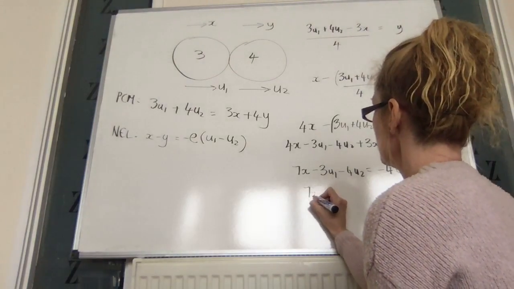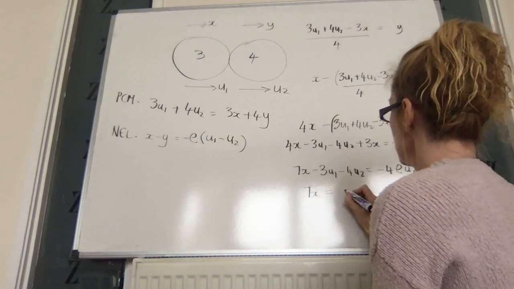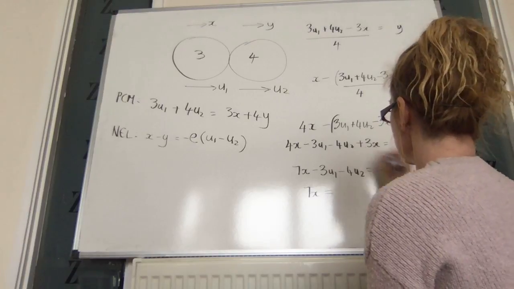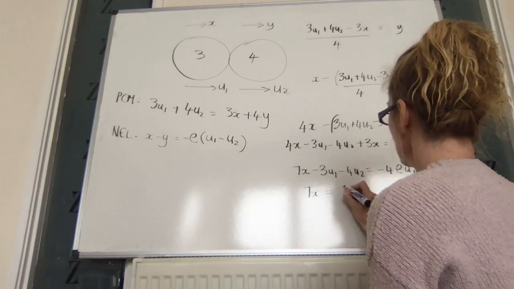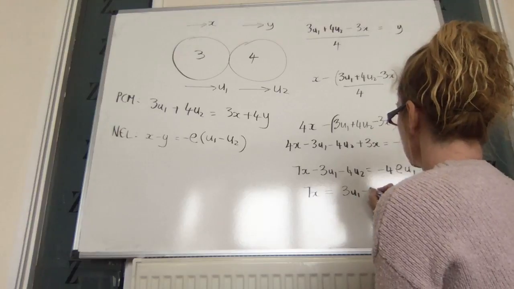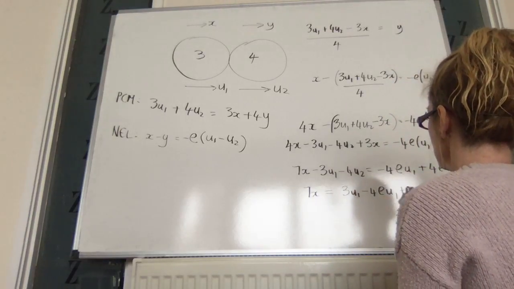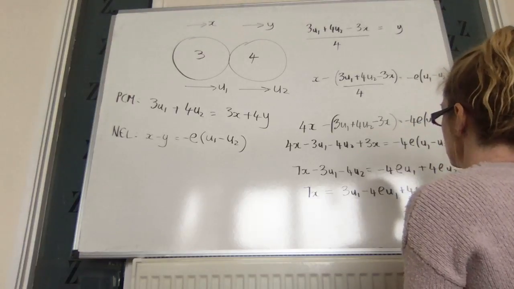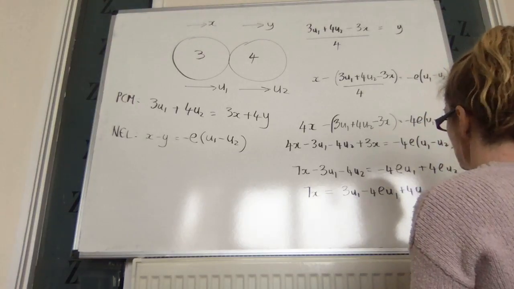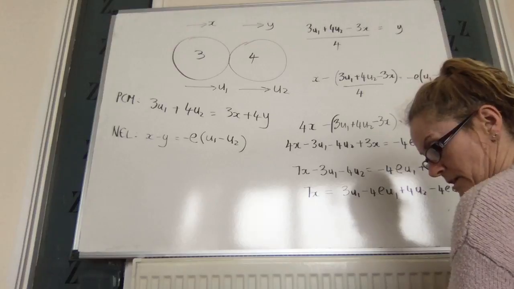So now we have 7x is equal to, if we bring this over, a plus 3u1 minus 4eu1, and a plus 4u2 minus 4eu2. Let's see what we're supposed to put down.